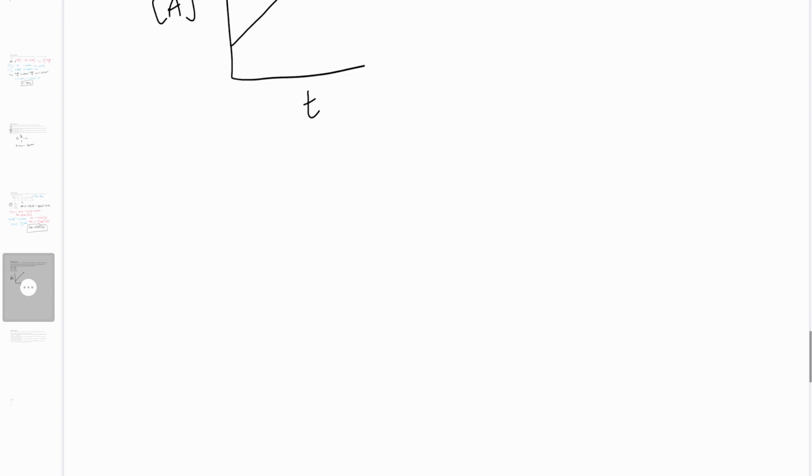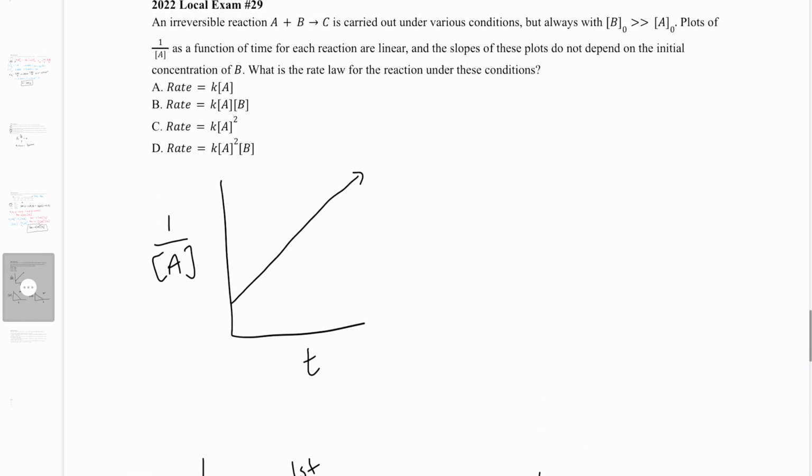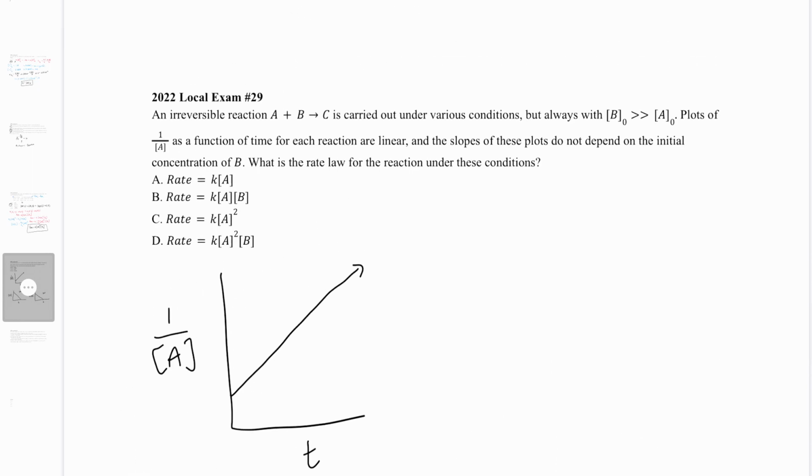Remember, if you had just the concentration on its own over time being linear, it would be a negative slope, this would be zero order. If you had the natural log of the concentration over time being linear, that would be first order. But since we have the reciprocal of A over time being linear, this is a second order reaction. So we know our final rate law has to be second order, so we can get rid of A and D.